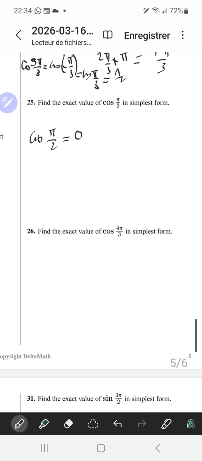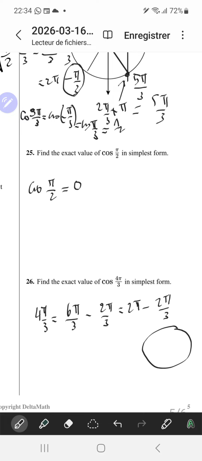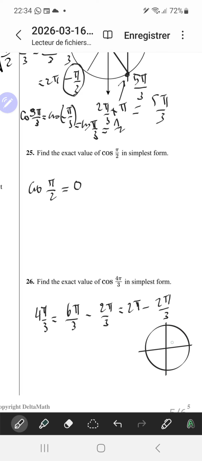Find the exact value of 4 pi over 3. So 4 pi over 3 is what? Is 6 pi over 3 minus 2 pi over 3. So it's 2 pi minus this. And in the unit circle, pi over 3 is here, from 1/2. 2 pi over 3 is here.